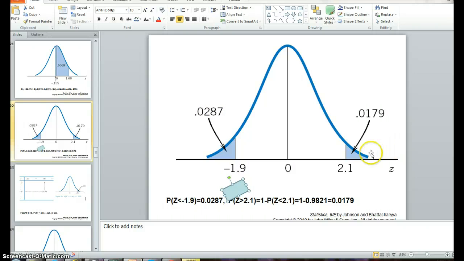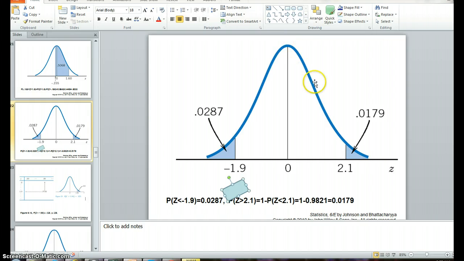But if they tell you the right hand side area, then you have to do a subtraction to find the left hand side area, and then you can use the table. If they give you, like in part B, the middle part, notice the shape is symmetric. So the left hand side of the area will be 0.5, the right hand side will be 0.5.